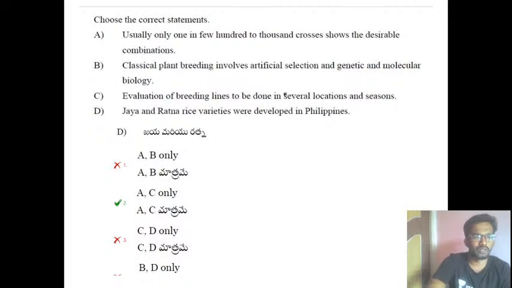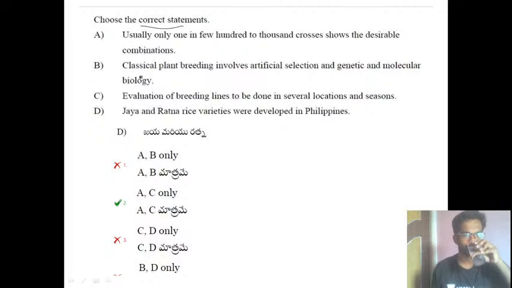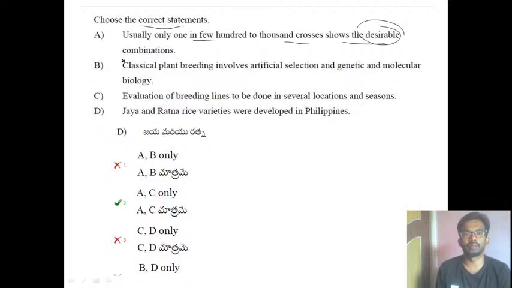So now the next question. You have to choose which statement is right. For this you need to have clear conceptual points. Usually 1 in a few 100,000 crosses shows the desirable combination.